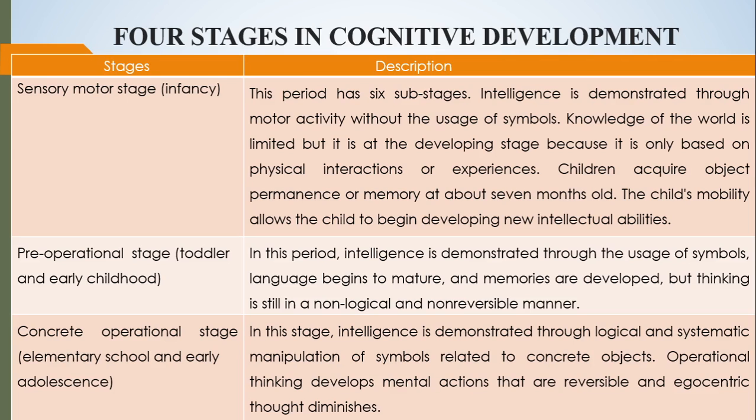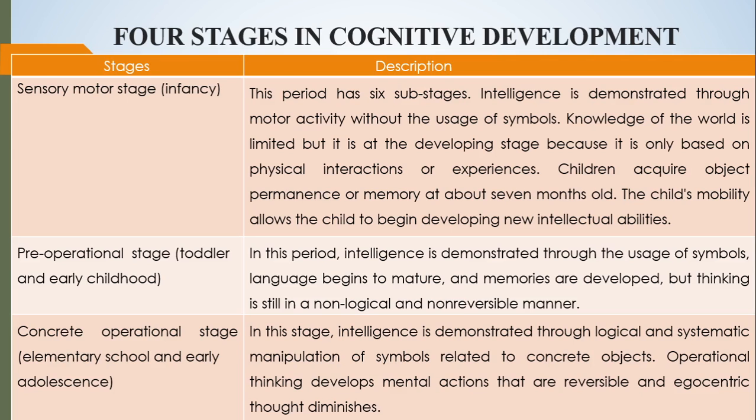Intelligence is demonstrated through motor activity without the usage of symbols. Knowledge of the world is limited, but it is at the development stage because it is only based on physical interactions or experiences. Children acquire object permanence or memory at about 7 months old. The child's mobility allows the child to begin developing new intellectual abilities.